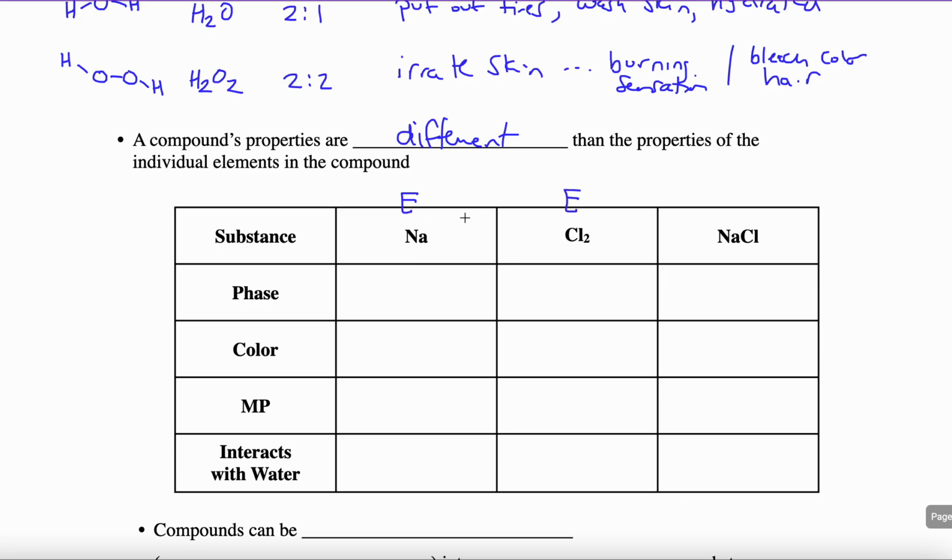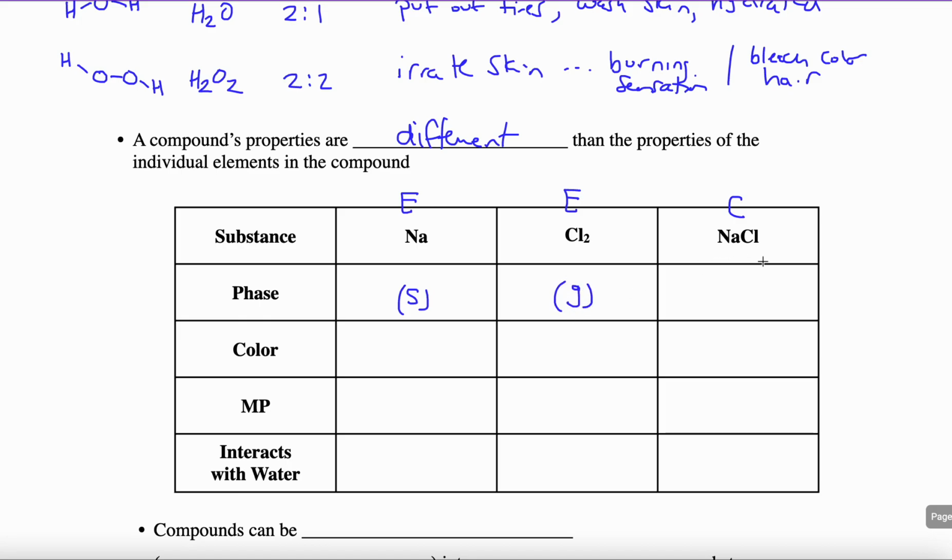And when they combine, they form this compound, NaCl, which is our most common salt. So Na, if you find it on the periodic table, is to the left of the stair step. So that means it is a metal. Cl is to the right of the stair step. It is a nonmetal, and it actually exists in the gas phase.